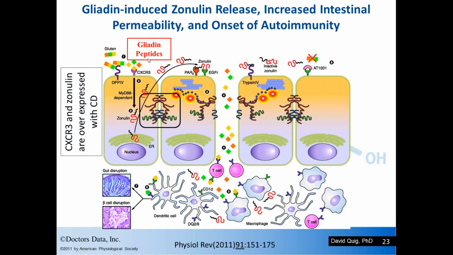And when the gliadin binds to this chemokine receptor, it activates the release of zonulin, in the case of celiac disease, excess amounts of zonulin from the enterocyte, and that zonulin molecule then binds to two key receptors on the surface of endothelial cells, the protein activating receptor 2 and also transactivation of the epidermal growth factor.